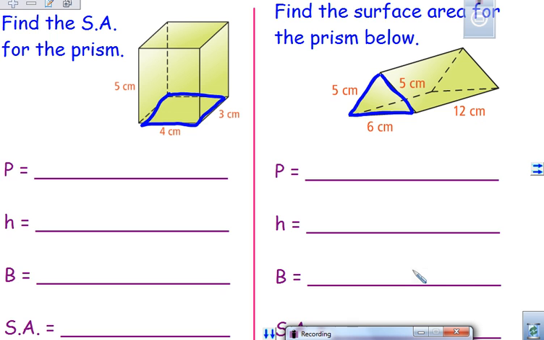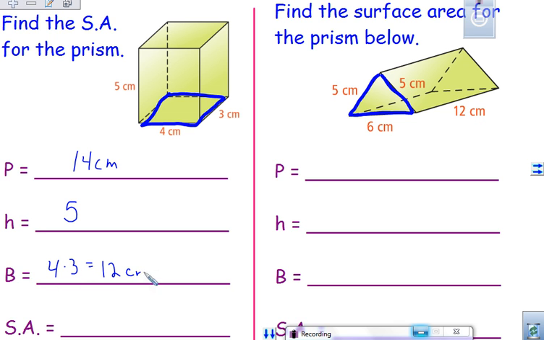So in this first example, I'm going to shade in what I think the base is. So when we find the perimeter, it's a capital P, so we want the perimeter of the base. So 4 and 4 and 3 and 3. So that's going to be 14 centimeters. Then we want the height of our prism, which is going to be 5. The area of the base is 4 times 3, which is 12.